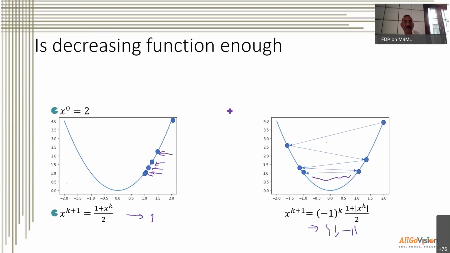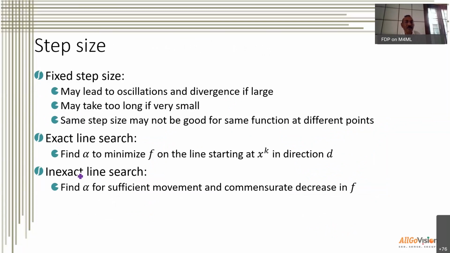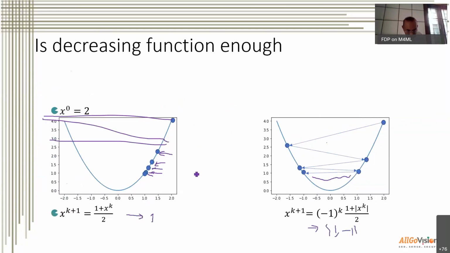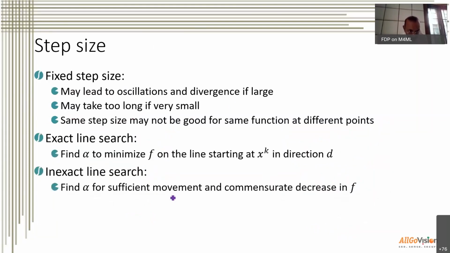So for example, if I don't put any kind of control, and I keep moving by large steps, then I will end up diverging. So that's one problem. Or if the step is too small, then I can keep making very, very small progress, and then it may take too long. So these are the two problems.